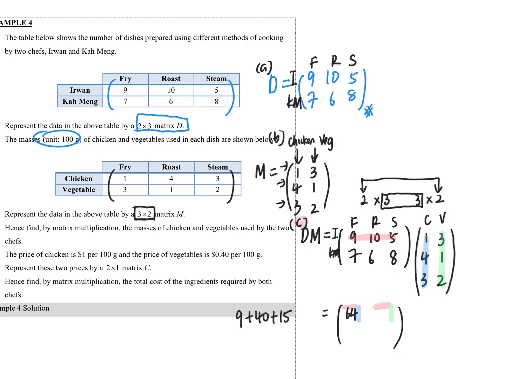Red is 9 times 3, which is 27, 10 times 1, which is 10, and 5 times 2, which is 10. So 1 by 1, you multiply, and then you add the 3 of them up. You get 47 for the second entry. So this tells me the masses of vegetables used for all 3 cooking methods by Erwan.